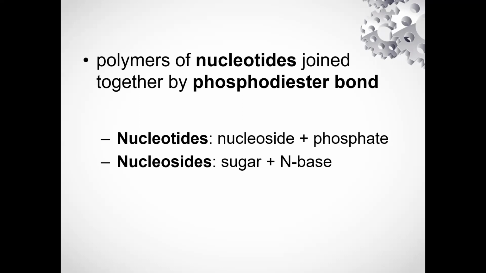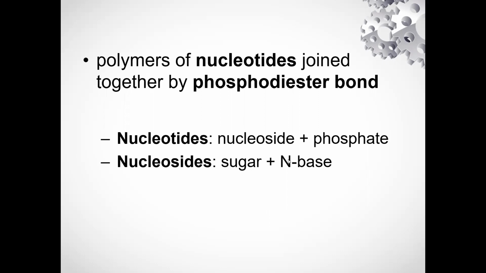Now, pag sinabing nucleotides, they are made up of nucleoside plus the phosphate. Okay? Nucleoside plus the phosphate, that's the time we call it nucleotide. When you say nucleoside naman, it's just the combination of sugar plus our nitrogenous base.